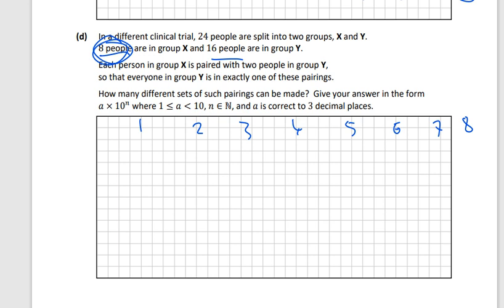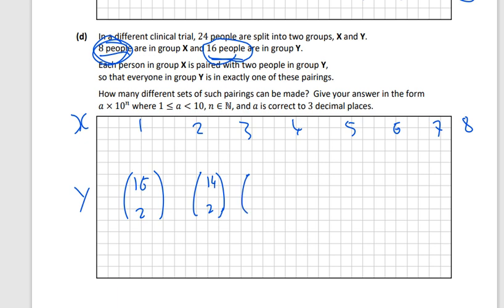Each of those people are going to choose 2 members from the other group, from Group Y. So that's Group X. And then this is going to be Group Y. So when they're choosing, there's 16 people in the group, and there's going to be 2 people that they're choosing. And then when those people are chosen, there's only going to be 14 people left, and there's going to be two to choose.